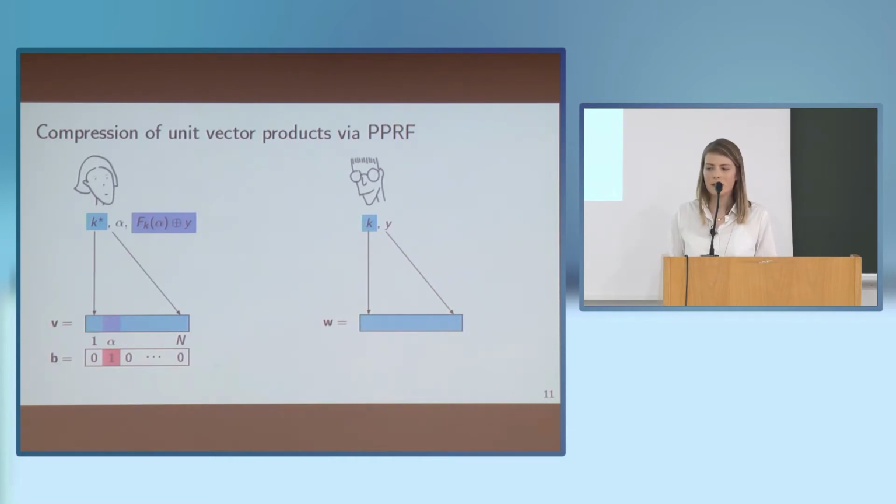She also gets a position alpha, which is basically a very short encoding of her choice of unit vector. It just says where she wants the one to be. It's easy to see that all the blue parts cancel out, and because of the way we set it up, V and W will constitute an additive secret sharing of Y times this unit vector. And the compression is basically the size of the punctured key.